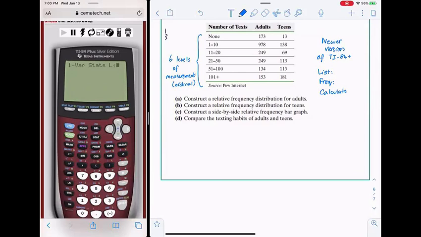So instead of pressing second 1 like I did directly, you would go to this field right there, enter second 1, you will get L1, and hit enter to skip the frequency part, and hit enter again. You will see calculate highlighted, and hit enter again, you would get the answer. So if you have the older version, it's just one variable statistics, second one. So I'm going to hit enter.